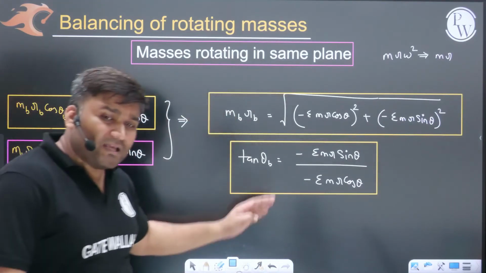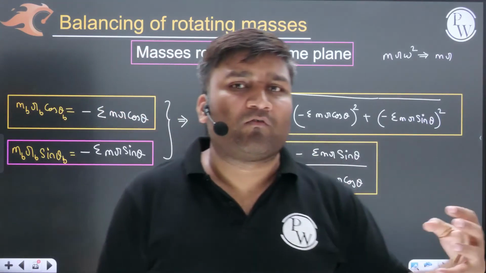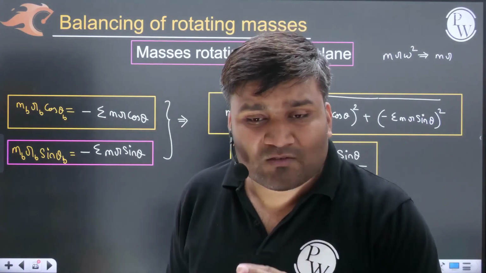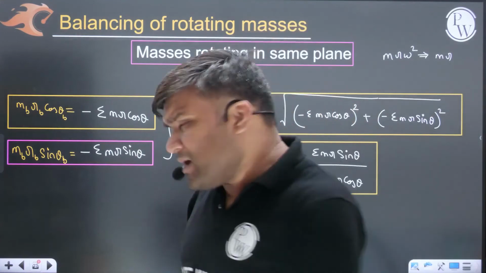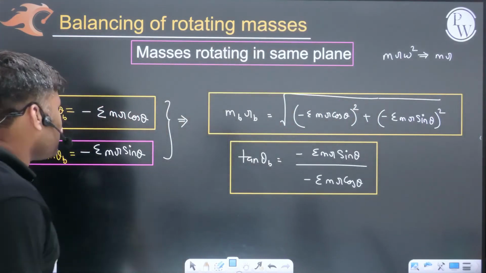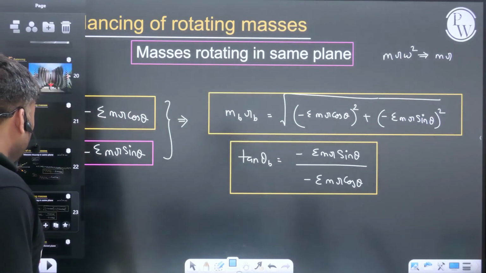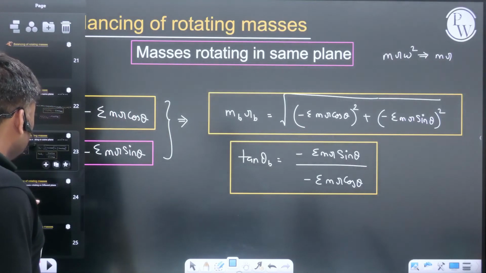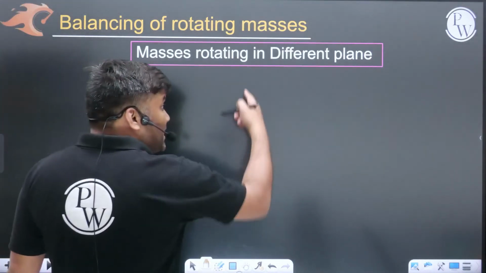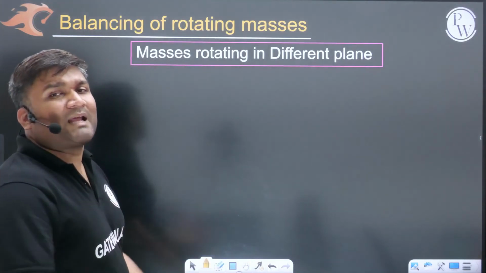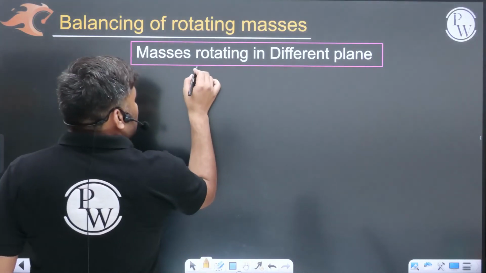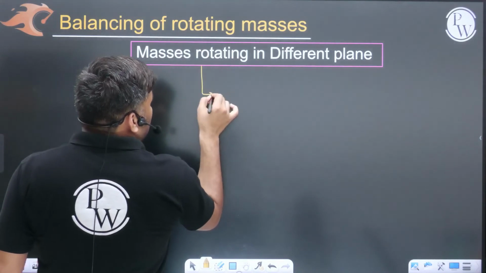And similarly, in exactly the same manner you have to solve balancing of masses when masses are rotating in different planes. But here we have only two equations. If masses are rotating in different planes, nothing is different. It will be just a little bit time taking. Sir, here you have to do summation.